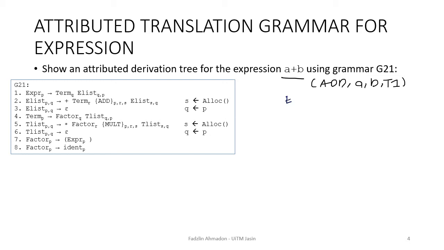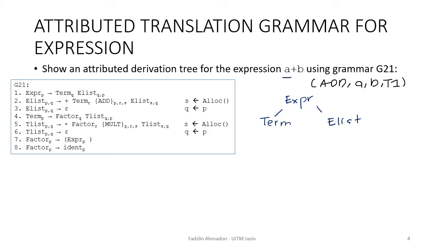So, expression can be derived to term elist. So when we start drawing the tree, we are ignoring the attributes first. Okay, we are currently trying to write A. Our current input is A.